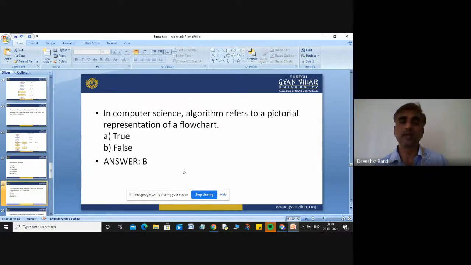Your second question is: in computer science, algorithm refers to a pictorial representation of a flow chart. You know about the algorithm, and you also know about the flow chart. An algorithm is just the instructions written step by step, and a flowchart is the graphical representation of your sequential steps. So this statement is wrong, because the flowchart refers to a pictorial representation, and here I mentioned that algorithm refers to a pictorial representation of a flowchart.